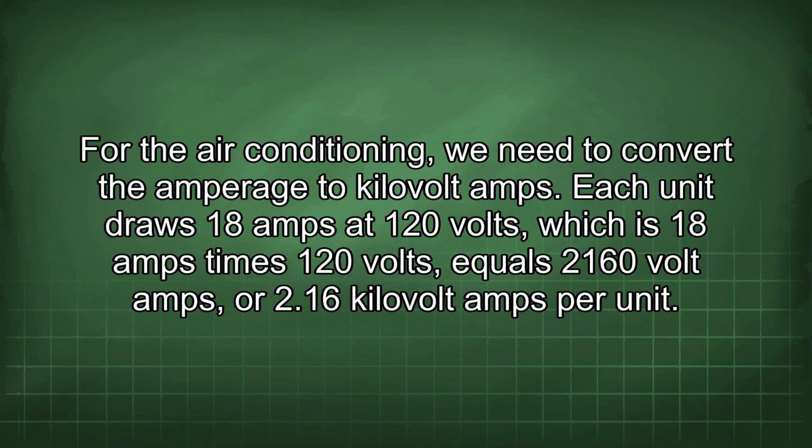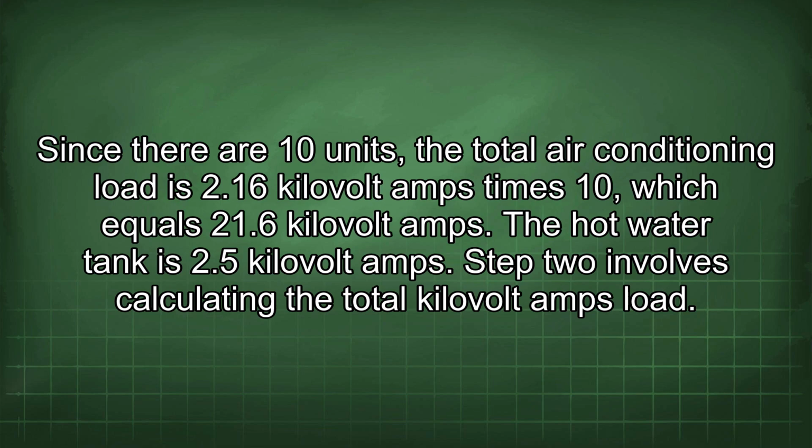Each unit draws 18 amps at 120 volts, which is 18 amps times 120 volts, equals 2160 volt amps, or 2.16 kilovolt amps per unit. Since there are 10 units, the total air conditioning load is 2.16 kilovolt amps times 10, which equals 21.6 kilovolt amps. The hot water tank is 2.5 kilovolt amps.